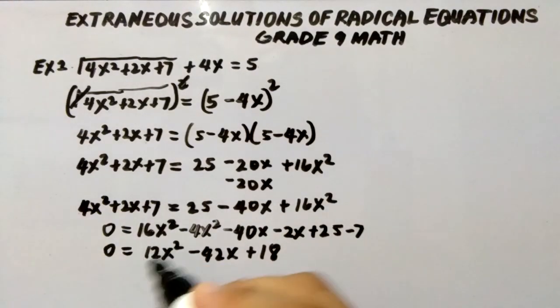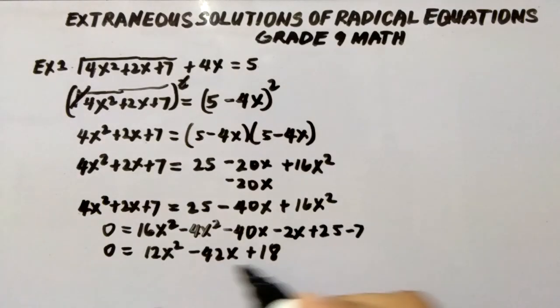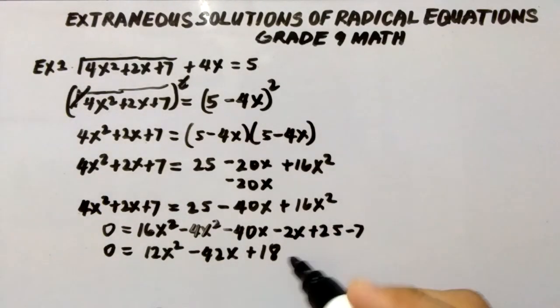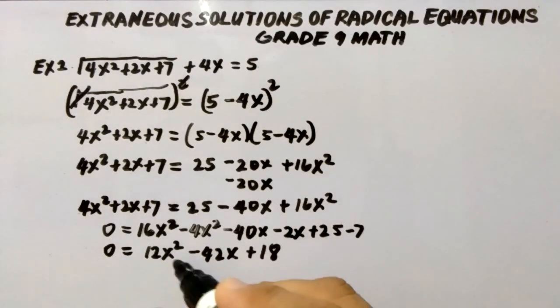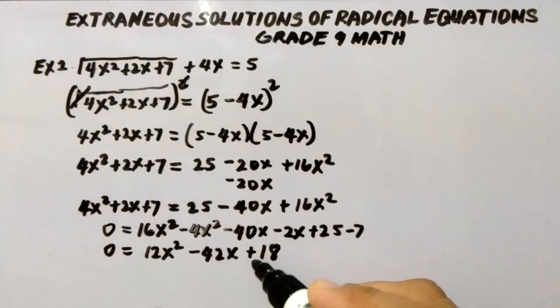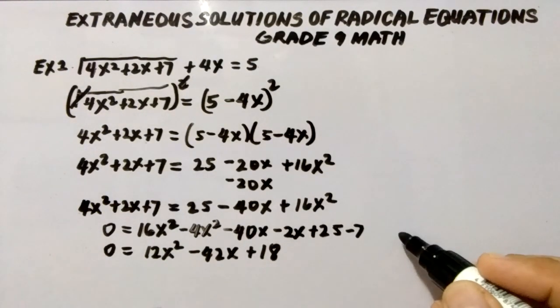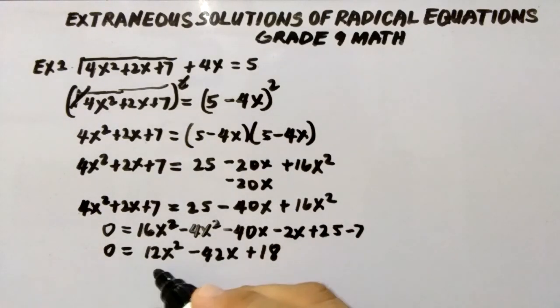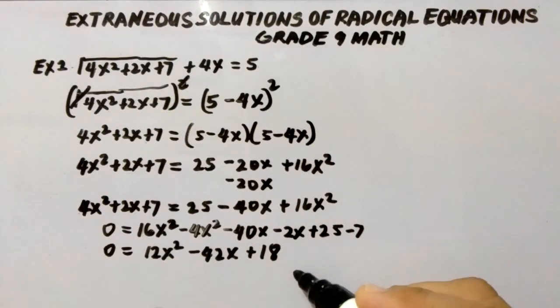So, meron na po tayong nakuwang equation. Ito po siya. So, ang gagawin po natin dito is ipapactor po natin itong 12x squared minus 42x plus 18. So, gagamit po tayo dito ng trial and error method. Okay, para makuha po ang factors ng 12x squared minus 42x plus 18.